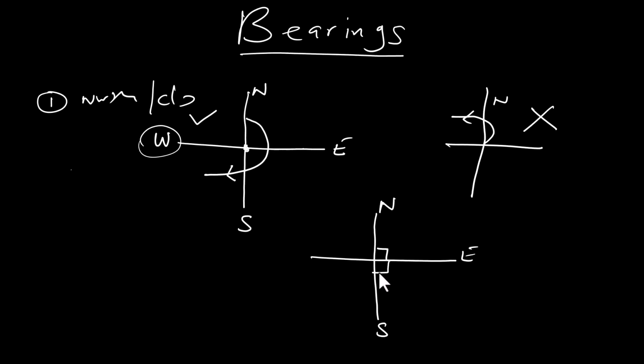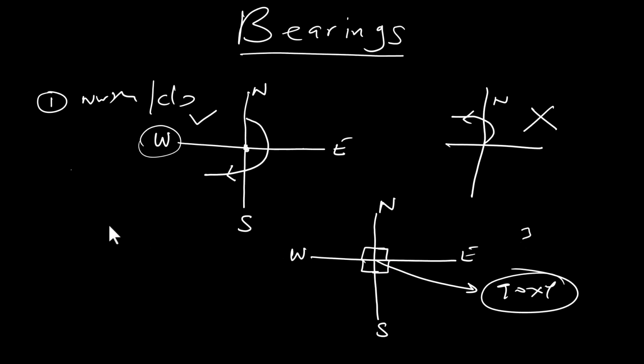So we have 90 here, then south to west, also 90, then west to north, 90. So in all, we have 90 times 4, making 360 degrees. This is the same as angle at a point: angles at a point add up to 360 degrees.